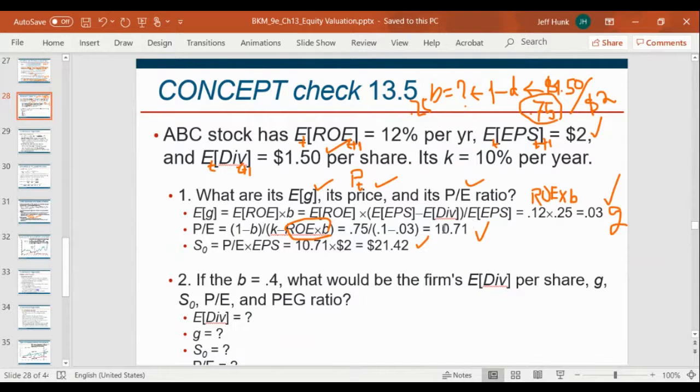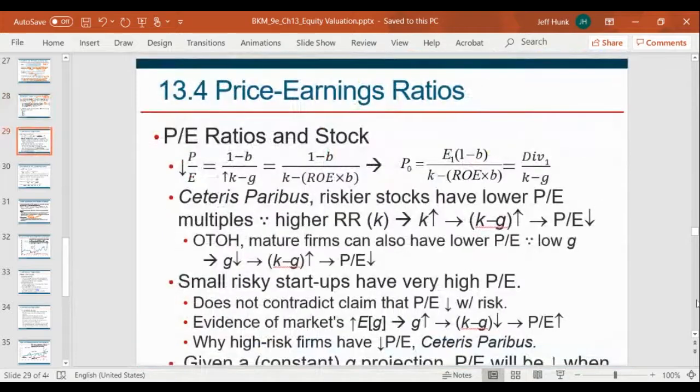I mean, given earnings per share and ROE, return on equity, and either given the dividend payout ratio or directly a plowback ratio, we did a little exercise on forecasting price and price earnings ratio.